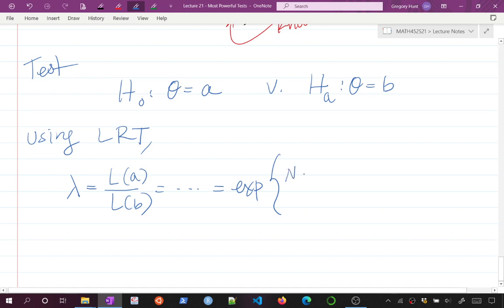an exponential of n times a squared minus b squared plus, oh, sorry, that's backwards, b squared minus a squared plus 2 times a minus b times n x bar, divided by 2 sigma squared.